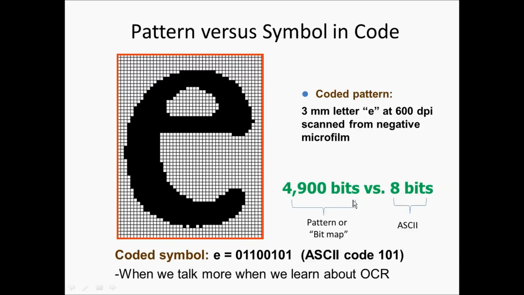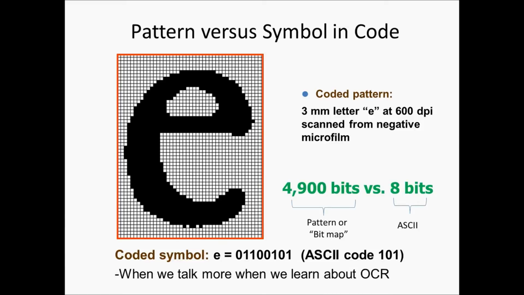We have a scanned image, and we can see it's almost 5,000 bits to represent the letter E as a scanned image. This could have been scanned anything. I'm just using the letter E scan as a comparison. So we'll talk more about OCR when we get into text-based scanning, because OCR gets a little tricky. Anyways, this is just a little appetizer for when we talk about text-based digitization and OCR.